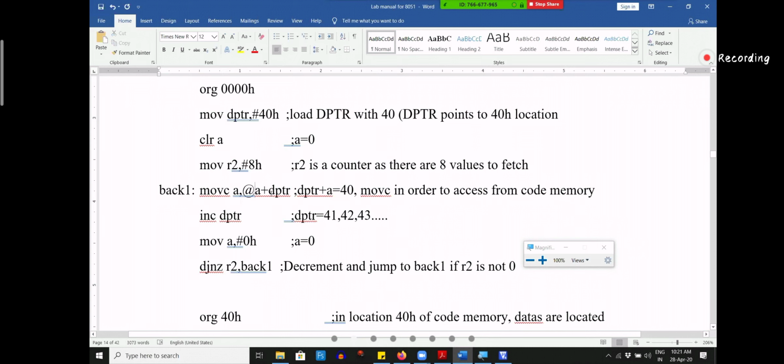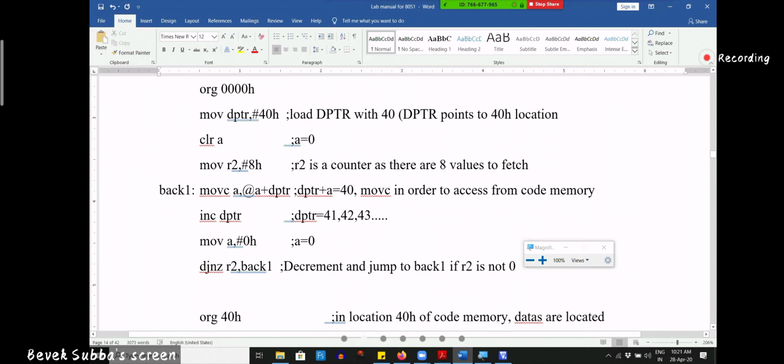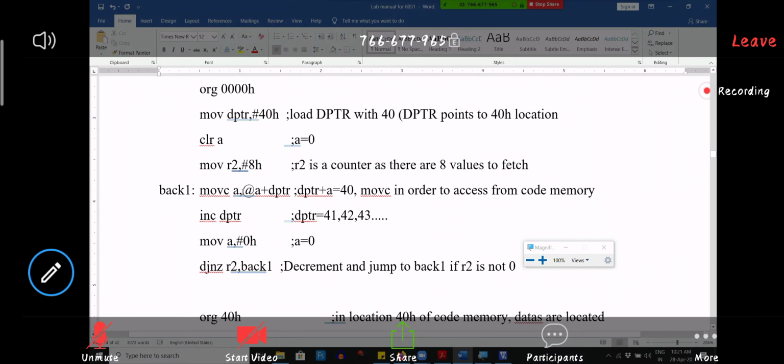That time your dptr will be 41, because you have incremented it, the value at 41 will move to A. That is 2 in the lookup table. This is 42. It will move to A. Increment dptr, now it will be 42.